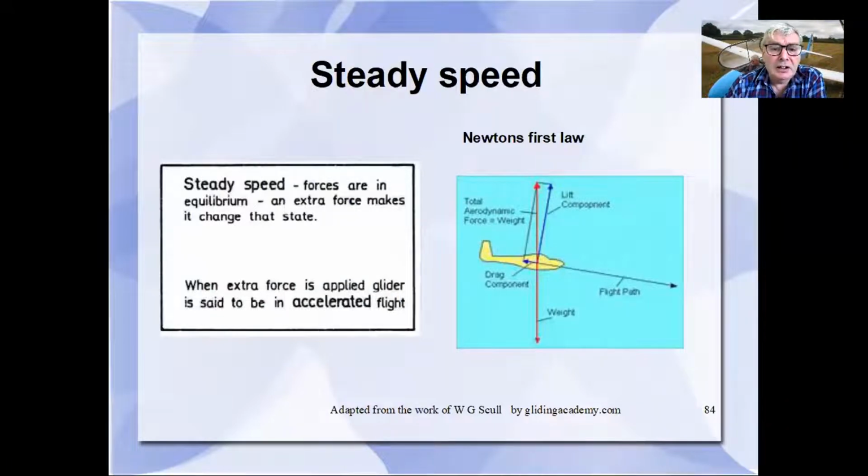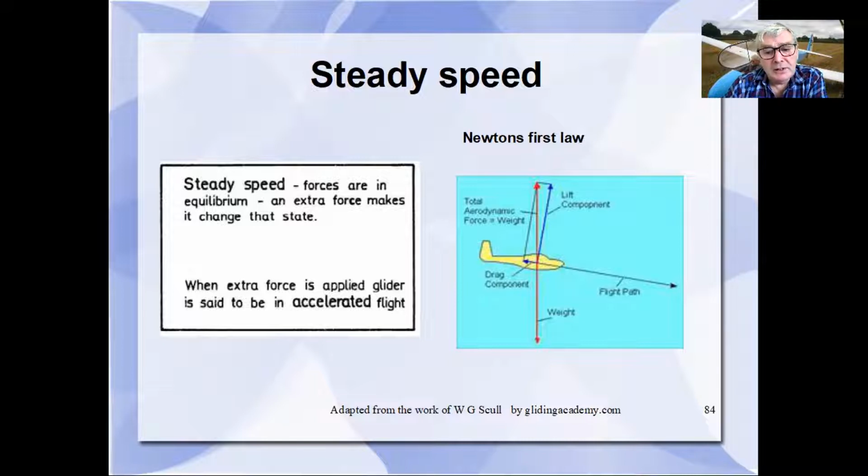Now we can just take a look at steady speed and Newton's first law, just as a little reminder. And you can see the diagram on the right here. We have the two red lines, so total reaction acting vertically upwards and opposing weight. The total aerodynamic reaction has been divided into two vectors.